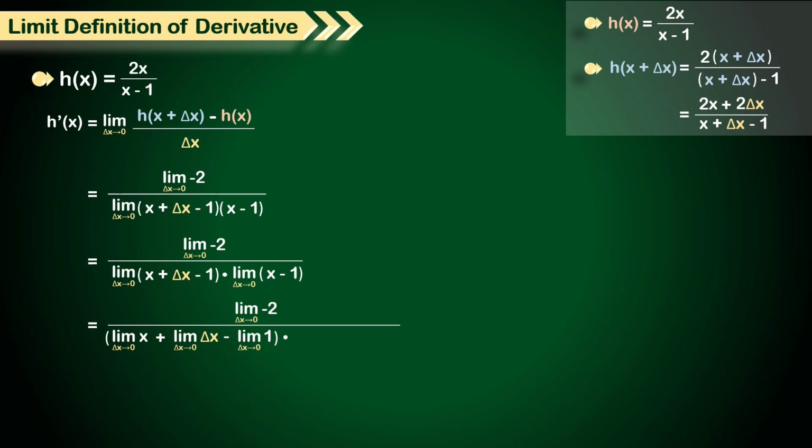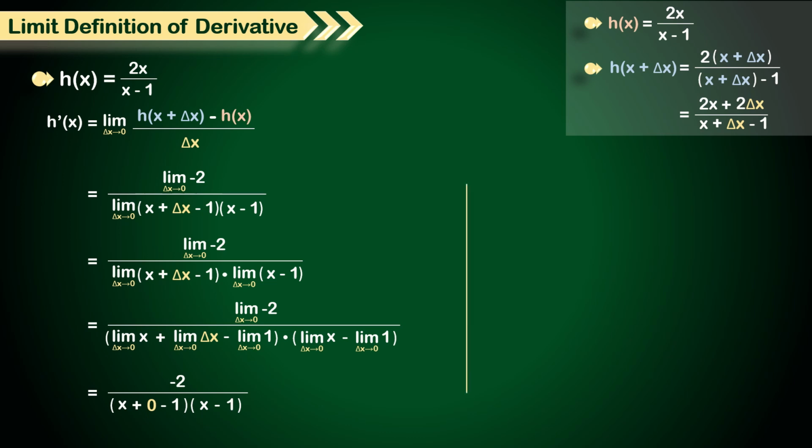The limit of x as Δx approaches 0 plus the limit of Δx as Δx approaches 0 minus the limit of 1 as Δx approaches 0, multiplied by the limit of x as Δx approaches 0 minus the limit of 1 as Δx approaches 0. Get the limit. We have -2 over the product of (x + 0 - 1) and (x - 1).